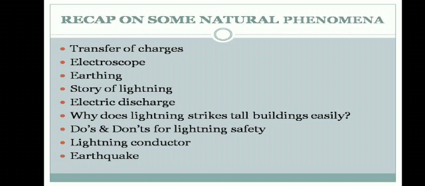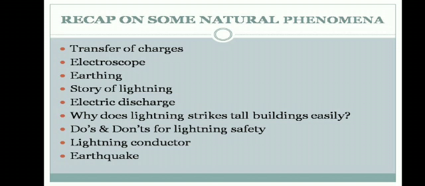The process of induction does not involve any physical contact. Electroscope is a device which is used to detect the presence of charge. Next one is earthing. The process of transferring charges from a charged object to the earth or ground is referred to as earthing.